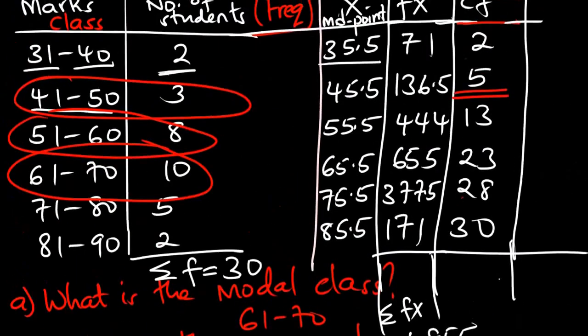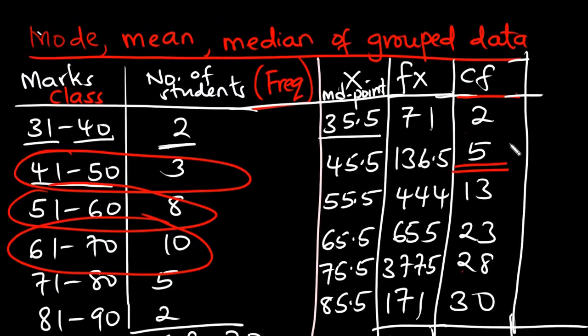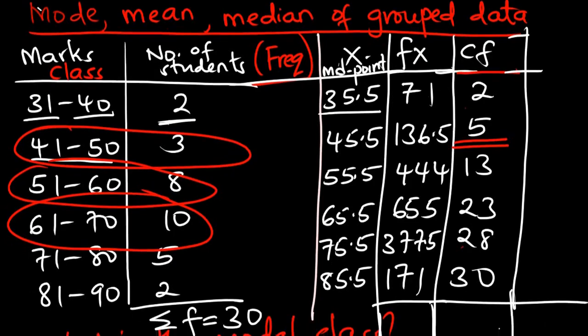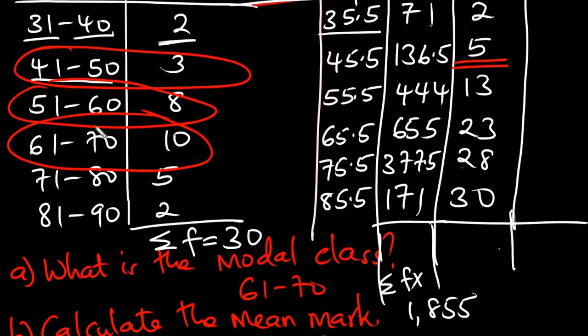We go back to the cumulative frequency. The values you see on the cumulative frequency represent the mark at the last position of each class. For example, for the class 51 to 60, the last mark is at the 13th position.